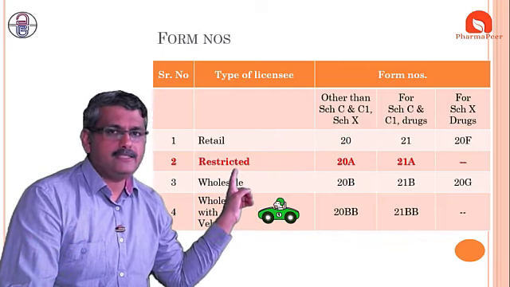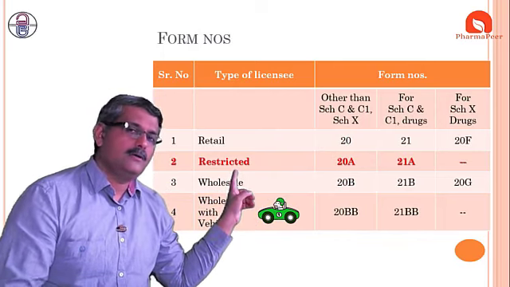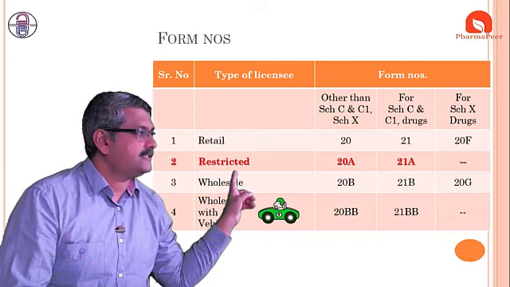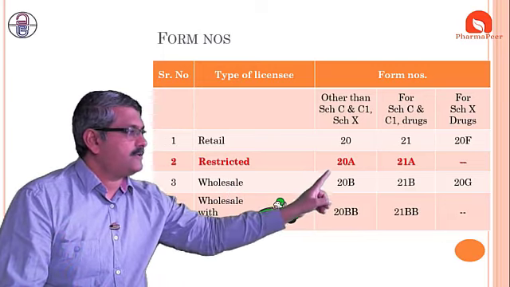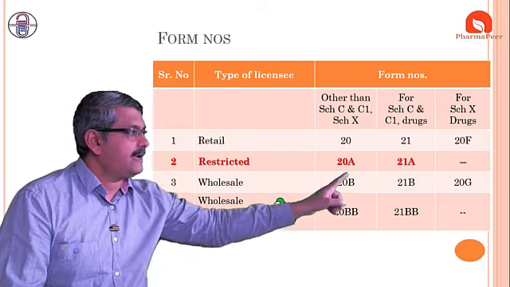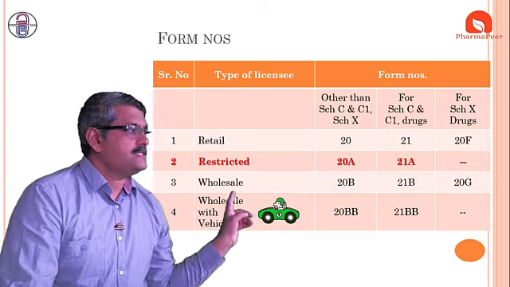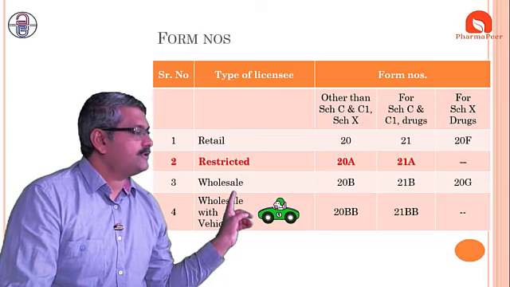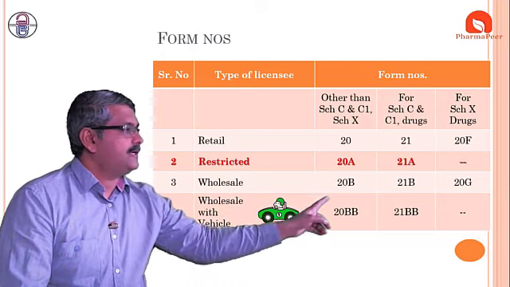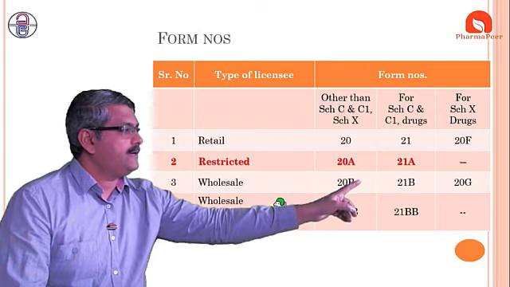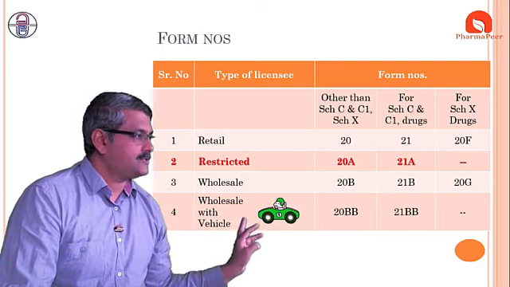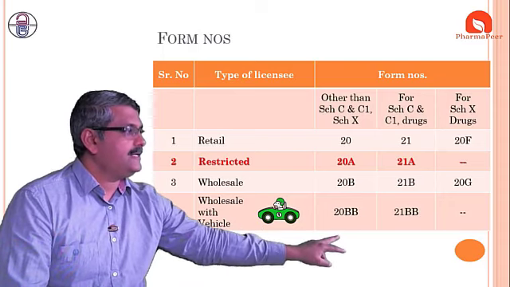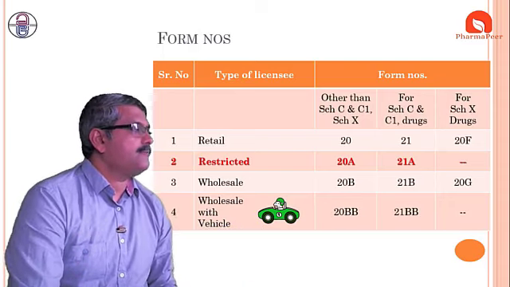There are a few conditions in which we have some restrictions in that area, that's why it is called a restricted form. For that, the form numbers are 20A and 21. Next, for the wholesale, the form numbers are 20B, 21B and 20G. And the last one is wholesale with vehicle, that is form numbers 20BB and 21BB.